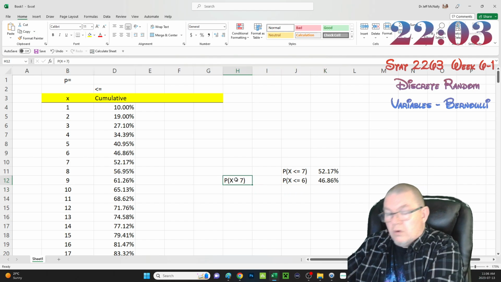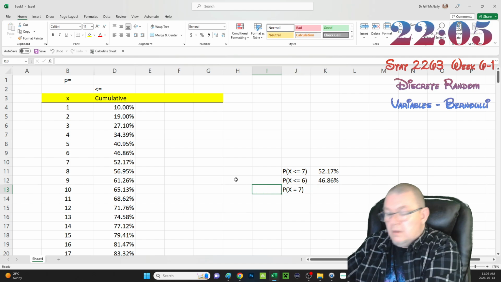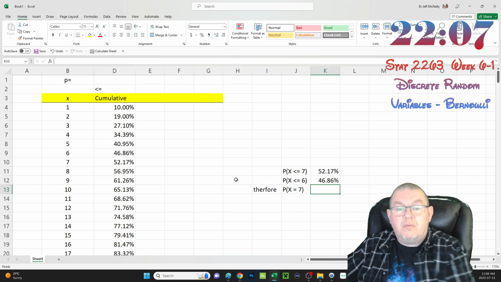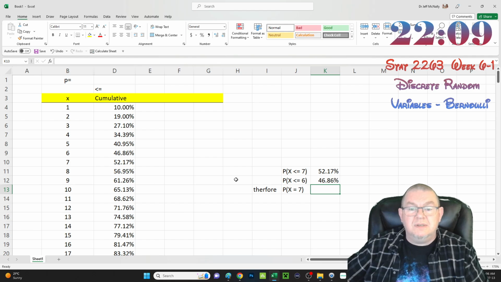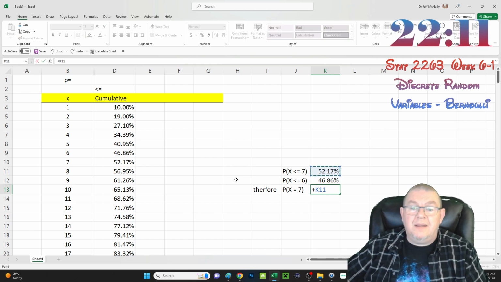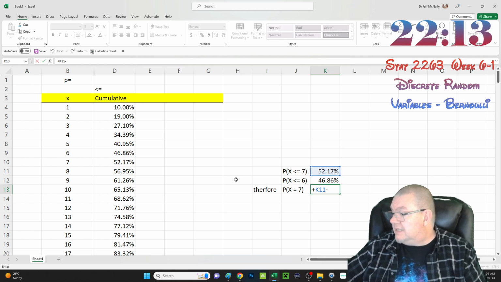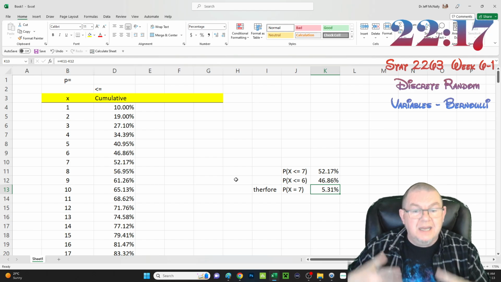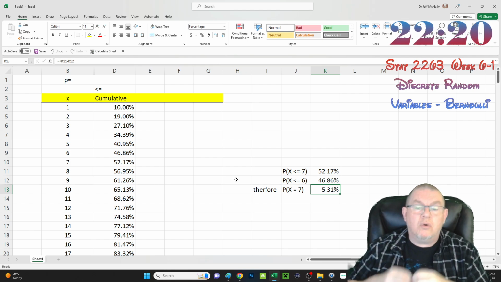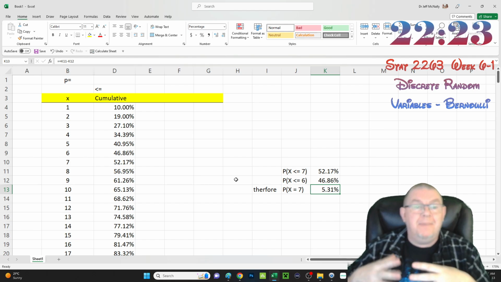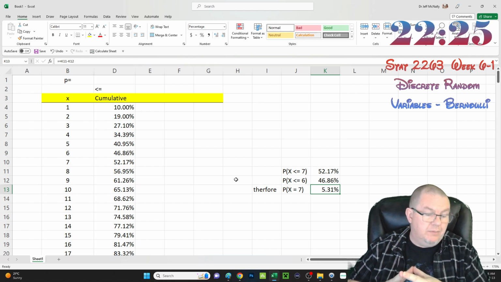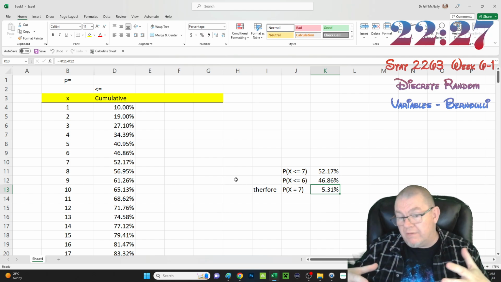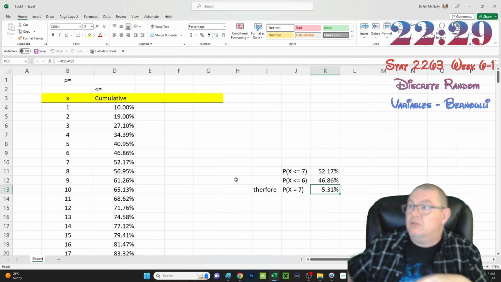So therefore, the probability of x equals 7 is the probability that x is 7 or less minus the probability x is 6 or less. So I can calculate individual ranges or individual values based on these tables. Okay, we'll be seeing more of these tables, so I think that's enough of an intro for that table there.